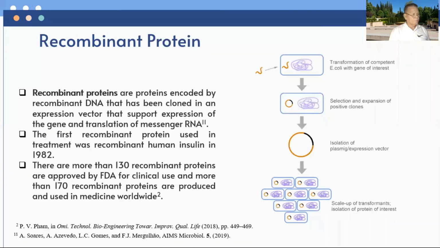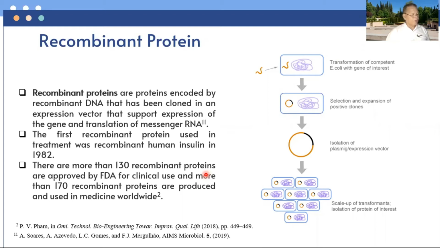Now let's move to recombinant protein. Recombinant proteins are proteins encoded by recombinant DNA that has been cloned in an expression vector that supports expression of the gene and translation of messenger RNA.